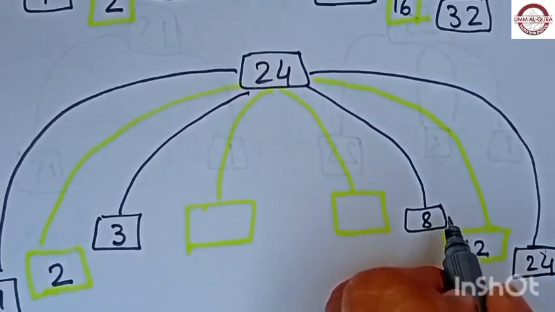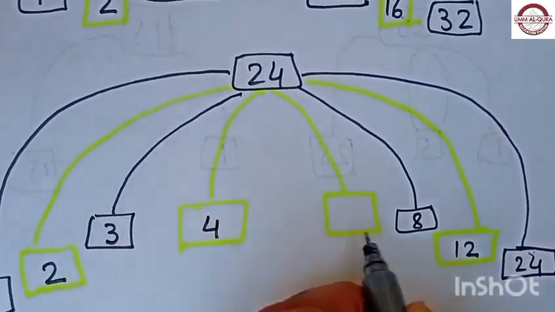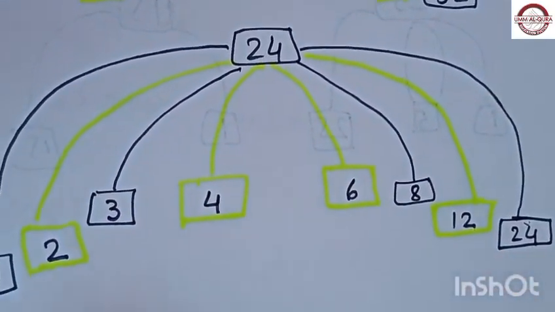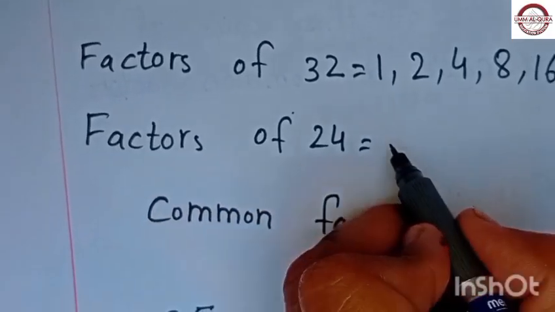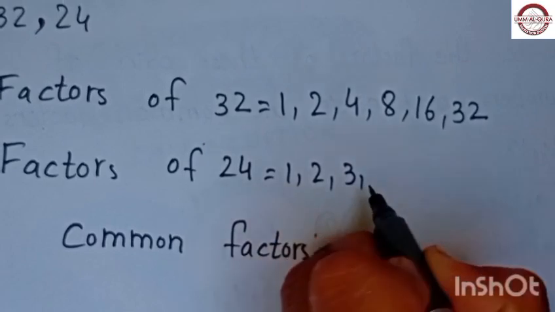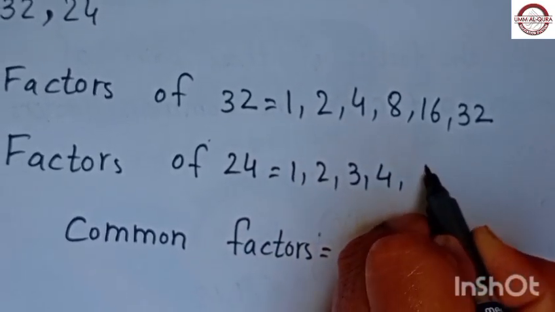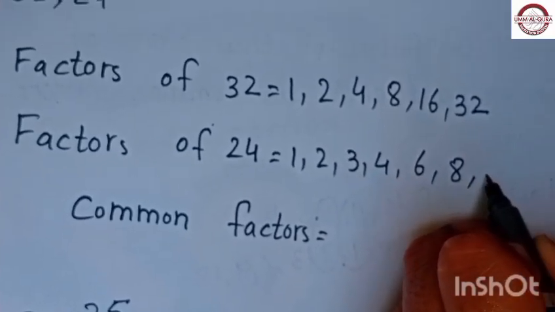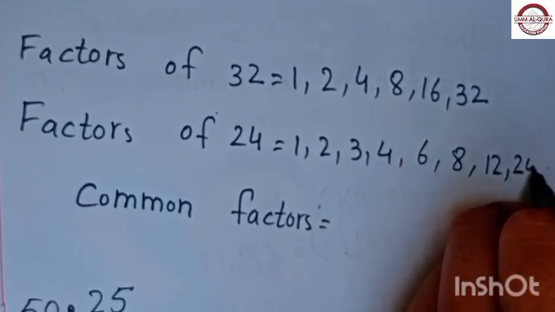Now, 4 6s are 24. These are the factors of 24: 1, 2, 3, 4, 6, 8, 12, and 24.